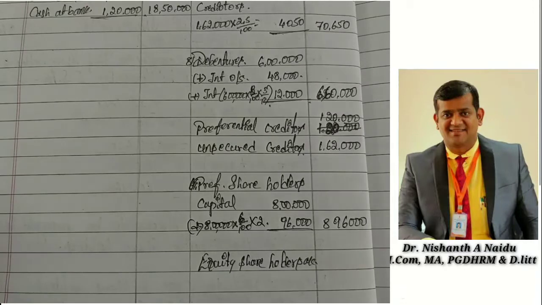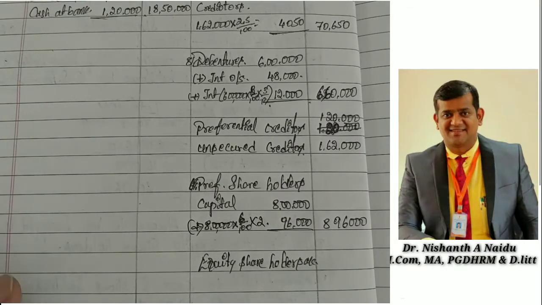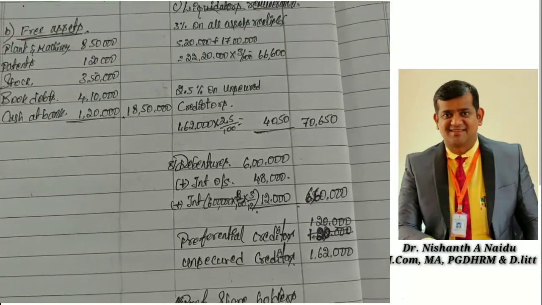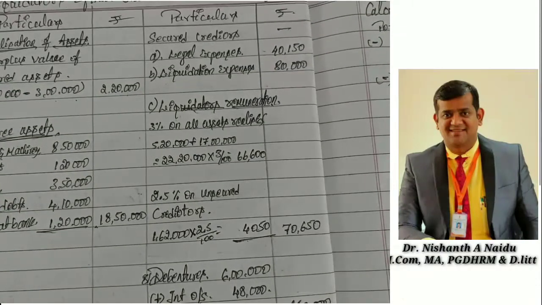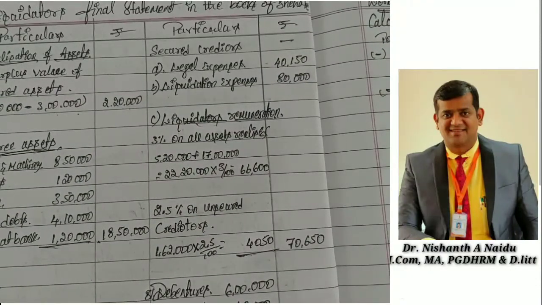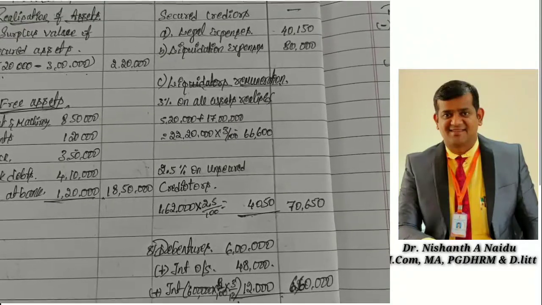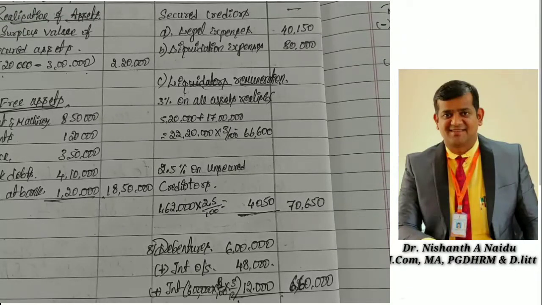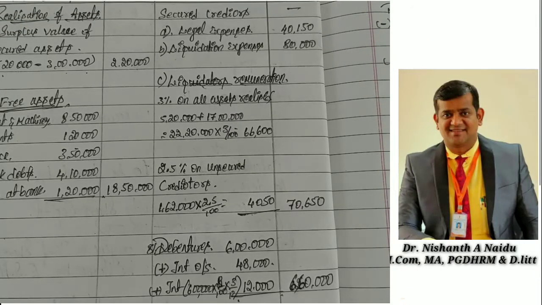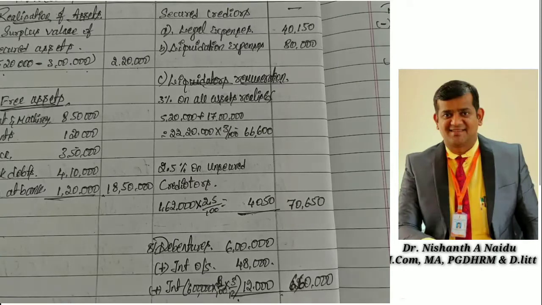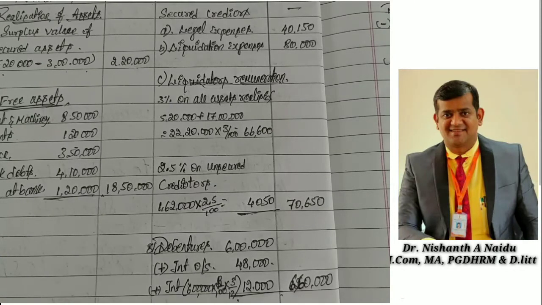First we have to calculate the total and check whether it is going to be a loss or profit. So let me check on the debit side. Total realized value is 2,20,000 on secured assets, then 18 lakh 50,000, add 20 lakh 70,000 we have as a total.